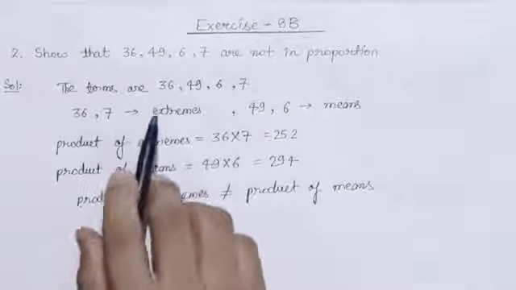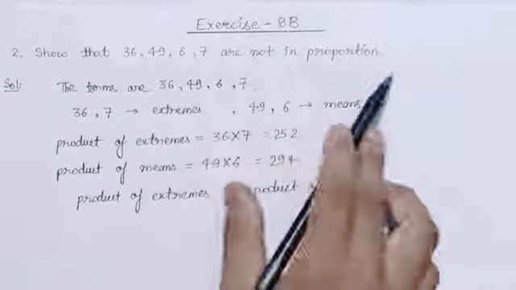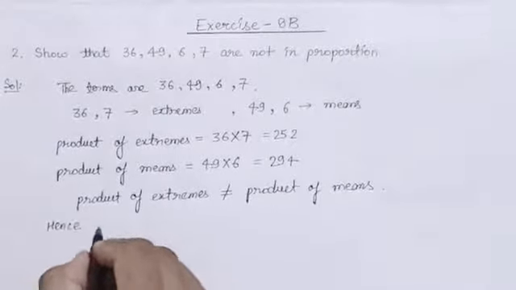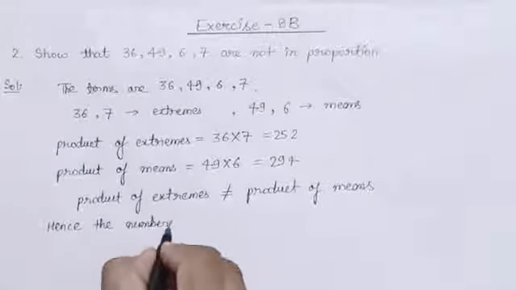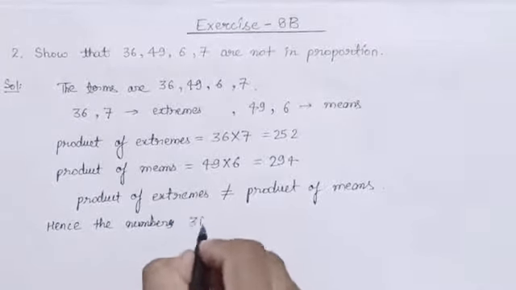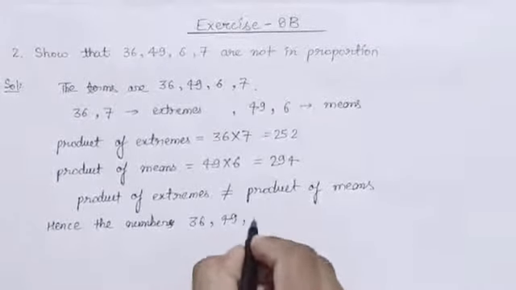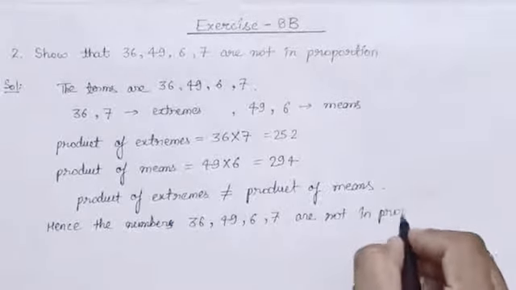Hence, the given numbers 36, 49, 6 and 7 are not in proportion.